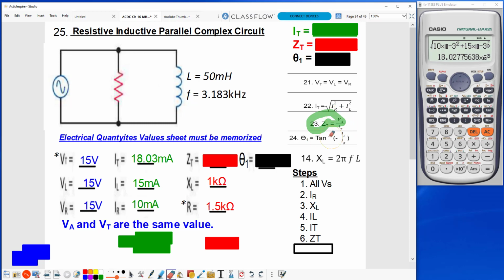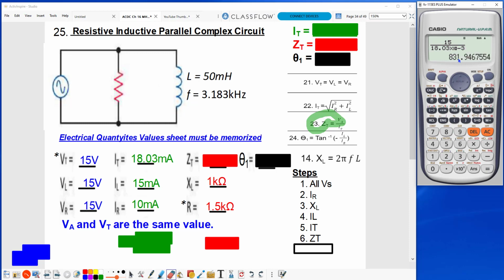I have a VA on the formula sheet. I have a VT here. Remember, they're used interchangeably. So I'm going to put in the 15 volts over 18.03 milliamps.